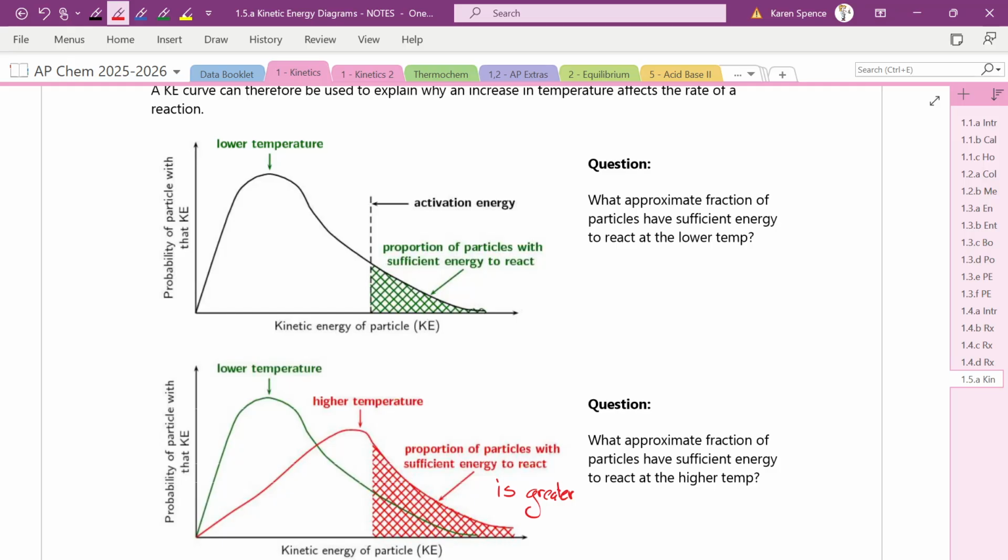This one, I would say is about 1/10, so that would be 0.1. This one would be about 1/3, 0.33. So 10%, 33%.